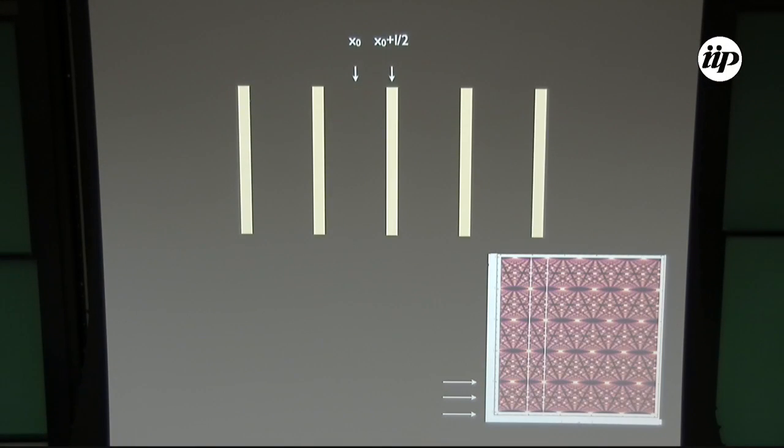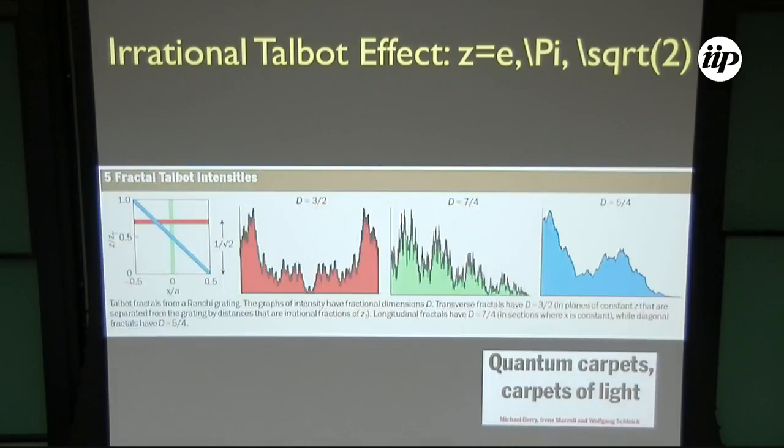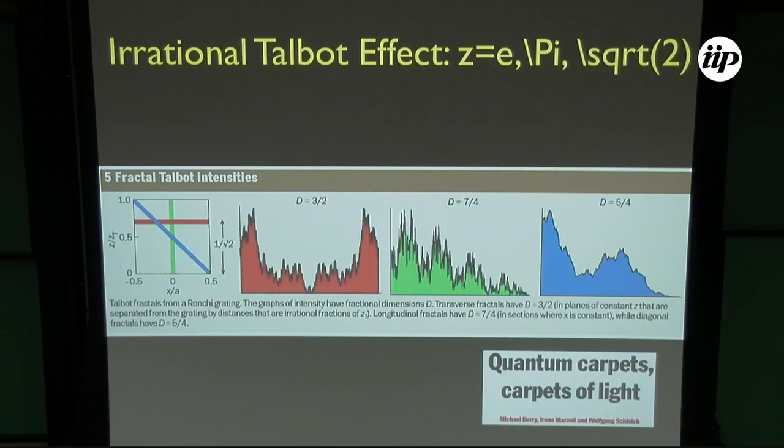But this interference pattern is made of something else. It's not only the images of the original grating. What you actually observe if you plot the intensity in different planes, or lines, in the propagation plane, let's say this is the grating and the propagation direction, and you plot the intensity along these lines, you will observe something like this, which is actually a fractal curve, which is continuous everywhere, but differentiable nowhere.